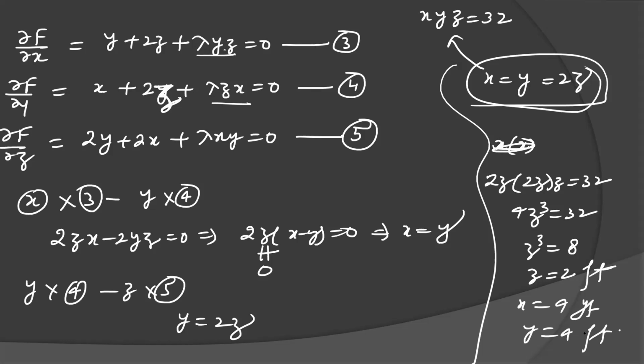In the Lagrange's multiplier method, we cannot tell actually maximum and minimum. We have to solve the problem according to the given question. If our question asks for least material or minimum, you will get minimum. If your question asks for both, you will get both. For the next example, you can see that we can find the maximum and minimum both here with the help of Lagrange's multiplier method.